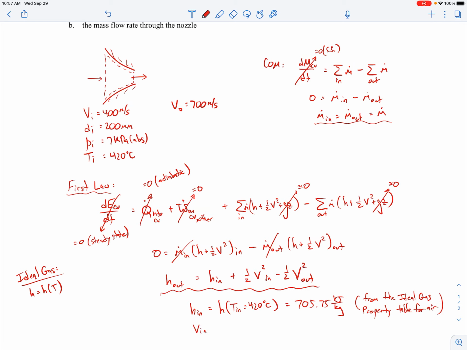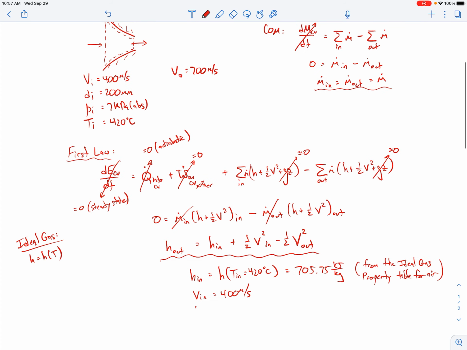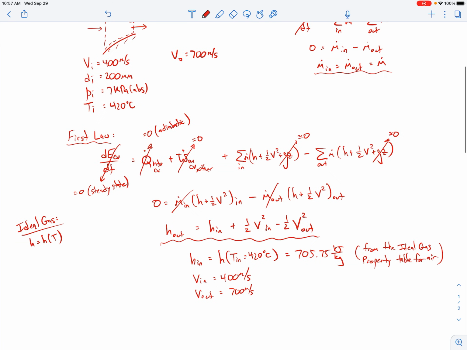We know V in was 400 meters per second, and V out is 700 meters per second. When you plug all those numbers in, you have to be a little careful with the unit conversions. This will be meters squared per second squared, and you need to convert that over to kilojoules per kilogram.